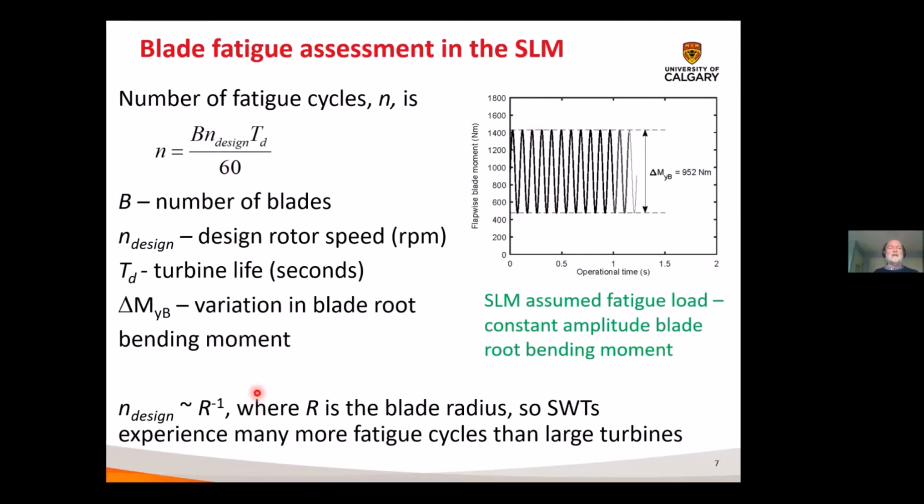I'm just pointing out at the bottom that if you do the basic scaling for wind turbine parameters, the design RPM scales as the inverse of the rotor radius, so clearly the smaller the wind turbine, the more fatigue cycles it's likely to experience.